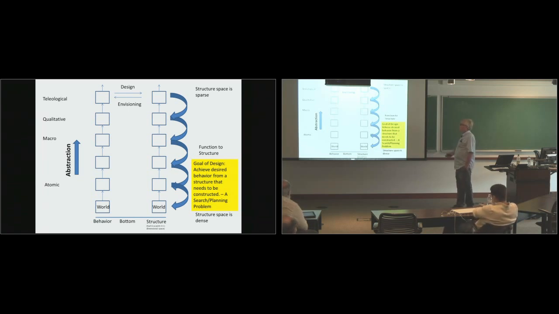And what happens here is these are the structure abstractions, and these are the behavioral abstractions. So what you do is you do design. What you see here is that the structure space is dense. There's an enormous number of possible designs. Here it is relatively sparse, comparatively speaking. So the goal of design, remember, is to get a behavior from a structure.